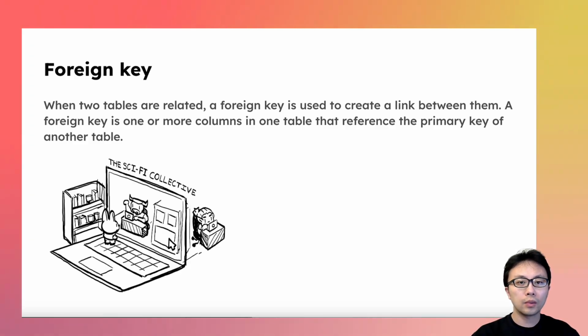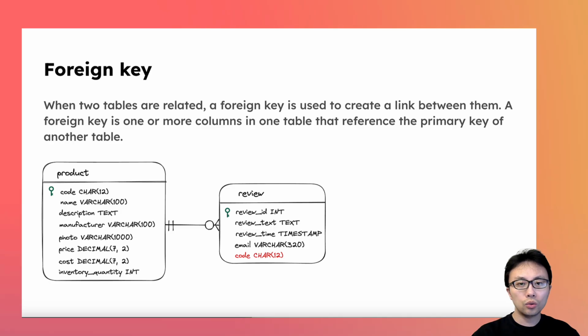For example, think about the database supporting an online store named the Sci-Fi Collective. There are two tables in this database, and they are related to each other. One table represents products sold by the online store, while the other table represents product reviews.